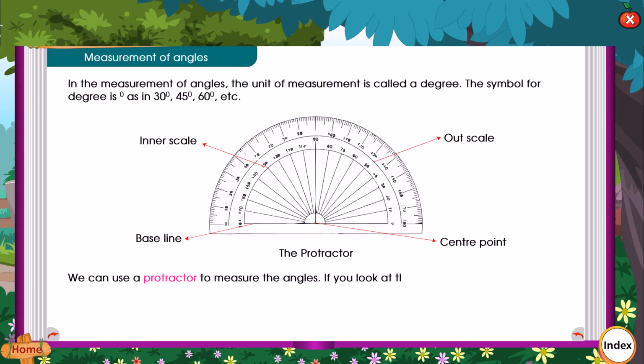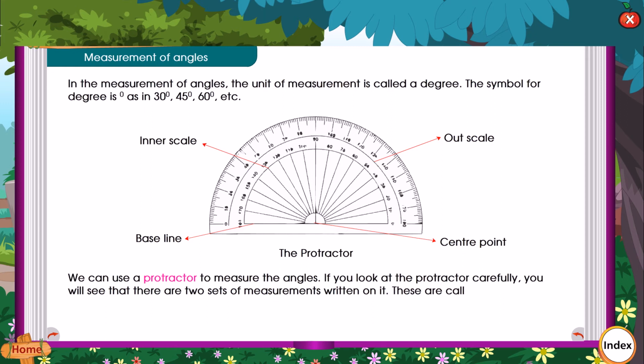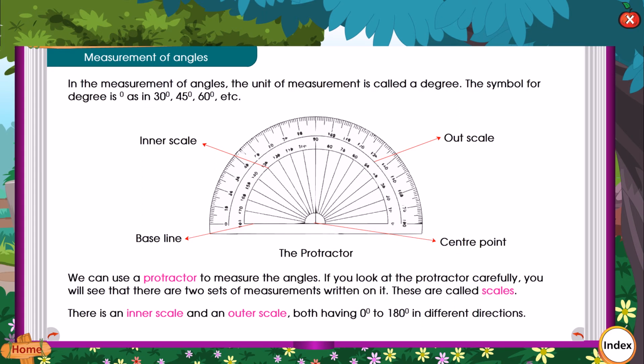If you look at the protractor carefully, you will see that there are two sets of measurements written on it. These are called scales. There is an inner scale and an outer scale, both having 0 degrees to 180 degrees in different directions. One scale is marked clockwise and the other is marked anti-clockwise.